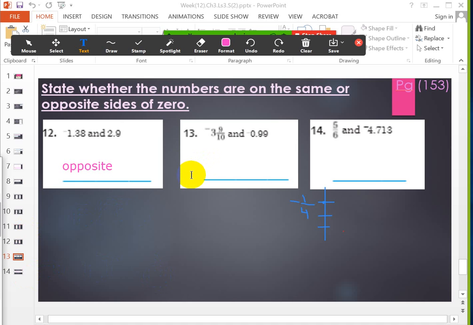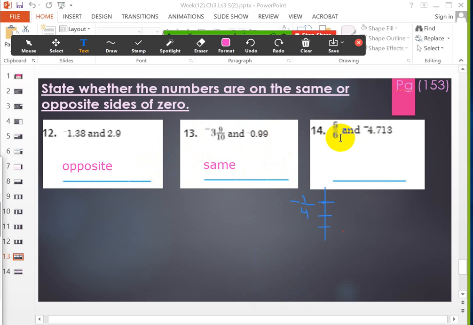On the same side because they are both negative. Very good, Yusra. Both numbers are negative. That means both will be on the left side of 0 if the number line is horizontal. If the number line is vertical, both numbers will be down. So both numbers are negative here.